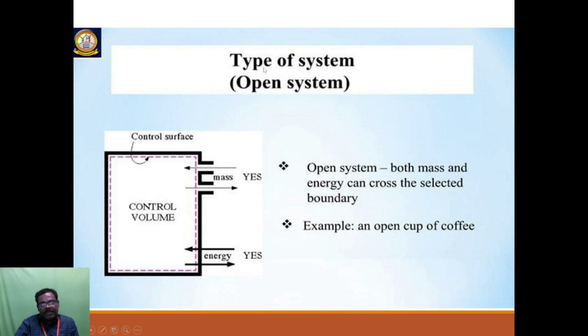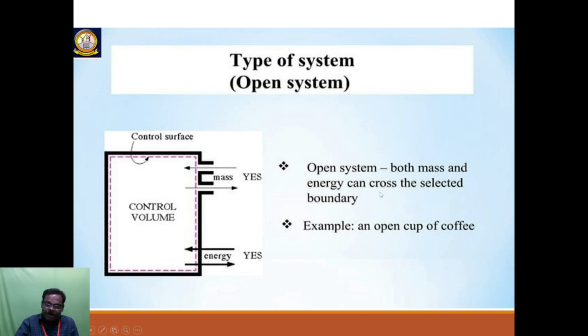Now, the another type of system is called an open system. In an open system, both mass as well as energy can cross the boundary of the system. So in an open system, mass is crossing and energy is also crossing. What is the example for the open system?